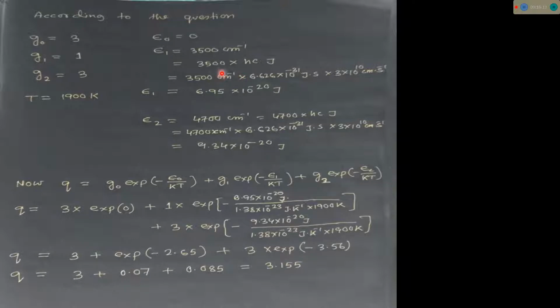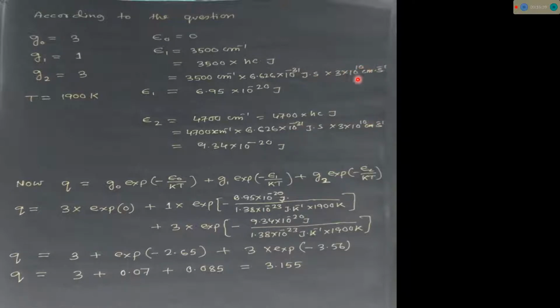So see, this is in centimeter inverse. If we want this value in joule, then we have to put h in its SI unit, 6.626 times 10 to the power minus 34 joule second, and the velocity of light in CGS unit, 3 times 10 to the power 10 centimeter per second.